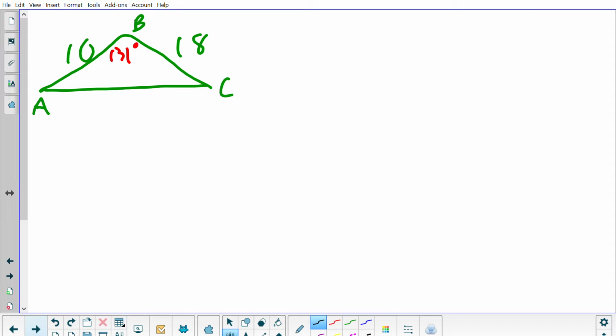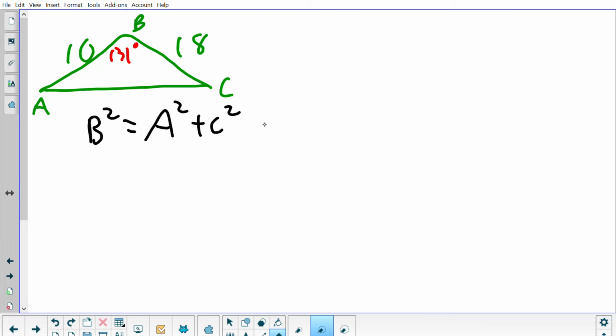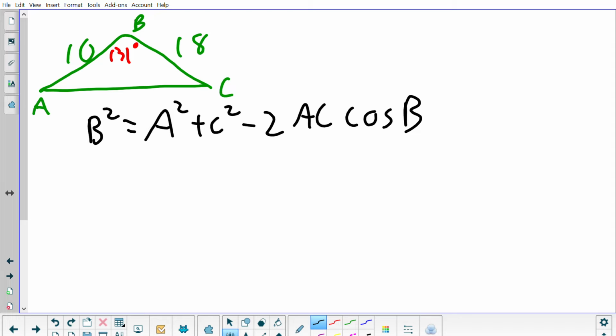Okay, so I have a side, angle, side. So I'm going to use law of cosines. Okay. So I have B squared, because that's the angle they gave us, is equal to A squared plus C squared minus 2AC cosine of B, because that's the angle they gave us.